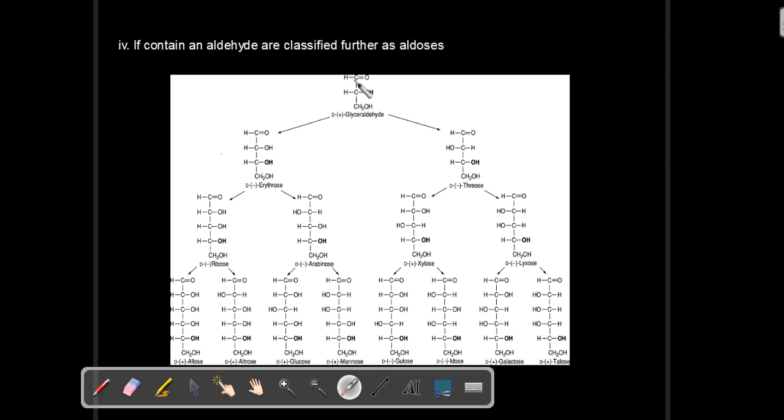Because they contain 3 to a maximum of 8 carbon atoms. In this plate we have only monosaccharides ranging from 3 carbon atoms to 6 carbon atoms.